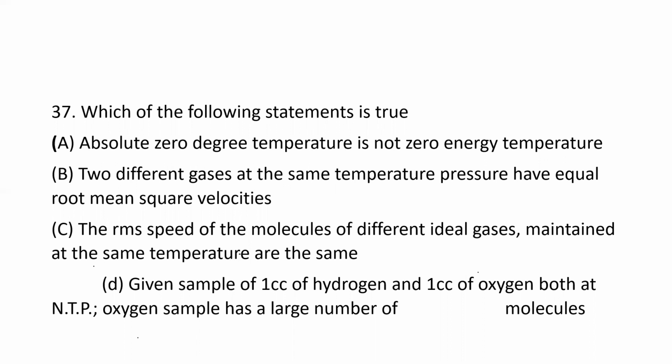Option D: Given a sample of 1 cc of hydrogen and 1 cc of oxygen, both at NTP, the oxygen sample has a larger number of molecules. This is also not true. So option A is the right option.